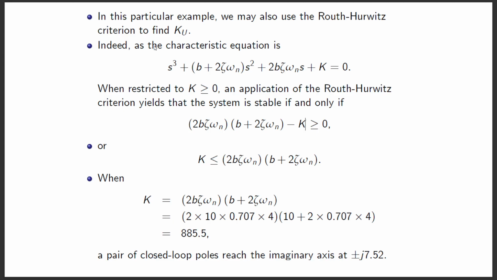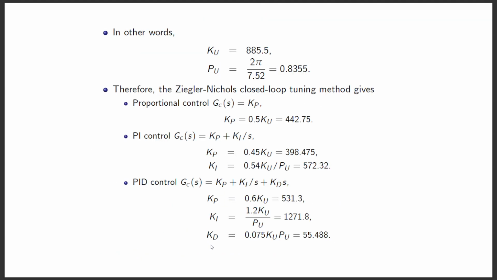So the value that the Routh-Hurwitz criterion provides for us is 885.5 for the gain. So the value of proportional gain or ultimate gain is 885. Now we use the values that the Ziegler-Nichols table suggests to find Kp, Ki, and Kd. And that's how we use Ziegler-Nichols to tune a PID controller.